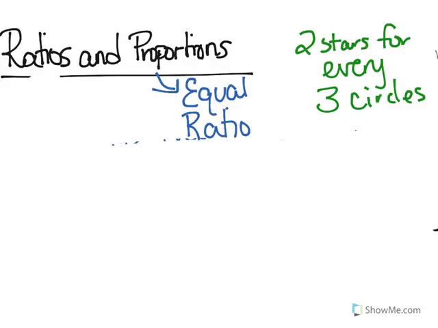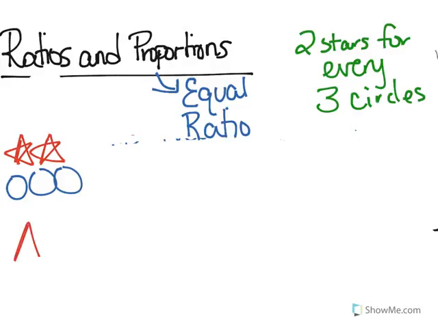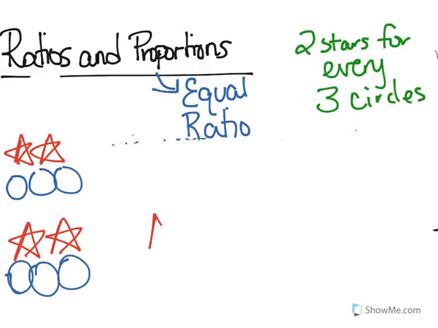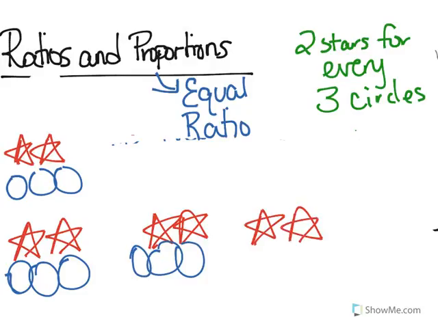I have 2 stars for every 3 circles. But if I had double it, I would then have 2 stars for 3 circles and another 2 stars for 3 circles and another, let's say triple, 2 stars for 3 circles.